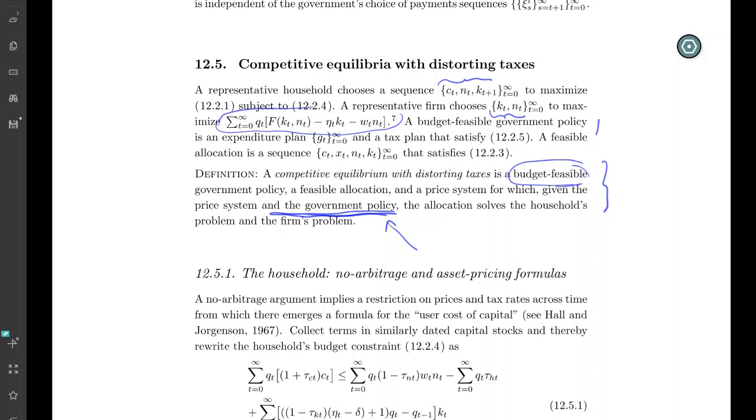So we're going to get prices and an allocation. To do this, we can use a trick that we've used before. This is used over and over again in general equilibrium theory and in finance and asset pricing theory. We're going to get no arbitrage pricing formulas.